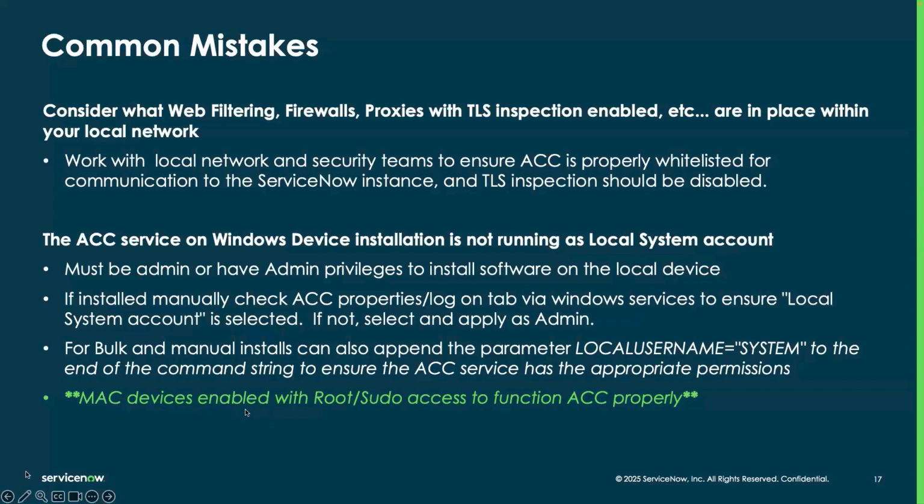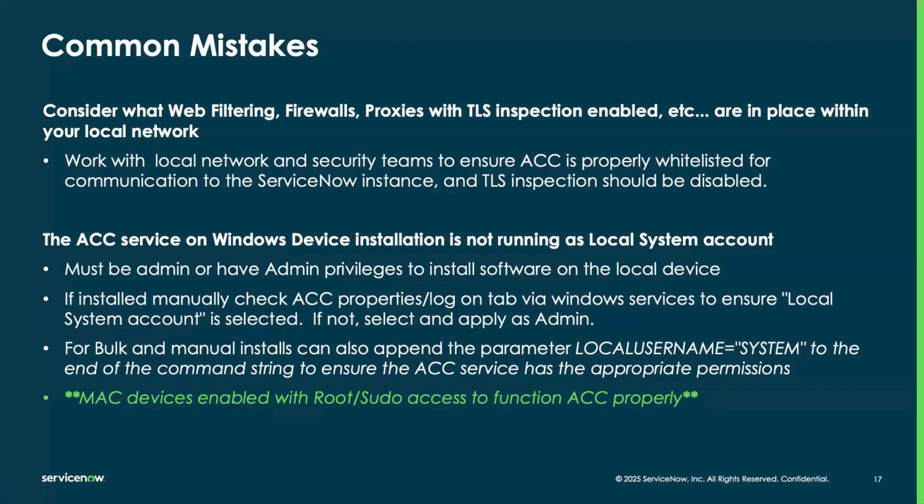Just to touch on that one point, the key with the local system account, and I showed it as I was demoing the service. What's tricky about that one, and I want to make sure everyone knows, is that it'll look like it worked. If it's not running as a local system account, you'll see some data in the tables populating, but you won't see all of it. You may look at an installed app and see that the tables or entries are all blank.